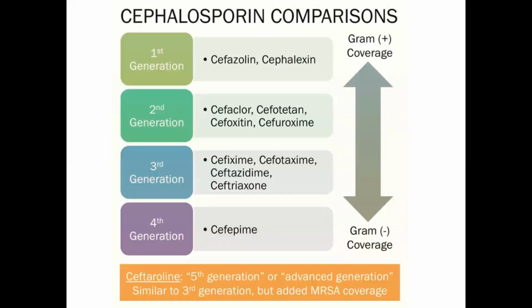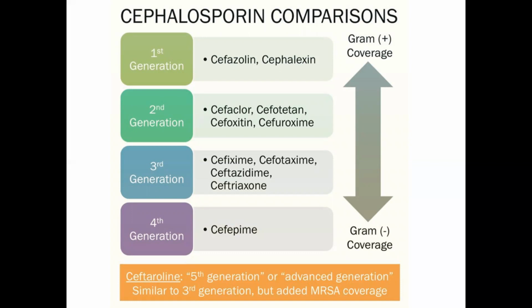So ito yung summary natin, no? To memorize these all. So we have first generation, gram-positive coverage, no? Pag lumiliit, pag gram-positive or gram-negative, tumataas naman ang generation. And remember that the fifth generation or the advanced generation, no?